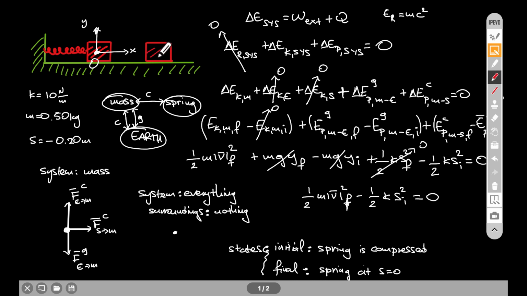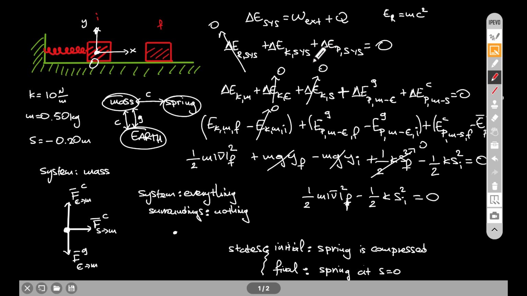This is the mass, this is the final state, this here is the initial state. The spring is compressed. In this state, the spring is in its relaxed length, neither stretched nor compressed. So as I'm letting the mass go with the compressed spring from here and a speed of 0, when it reaches the final state, it will have a speed of 0.89 meters per second.